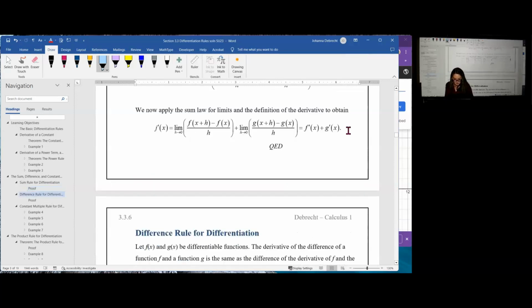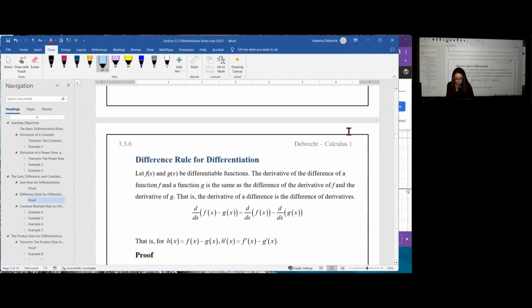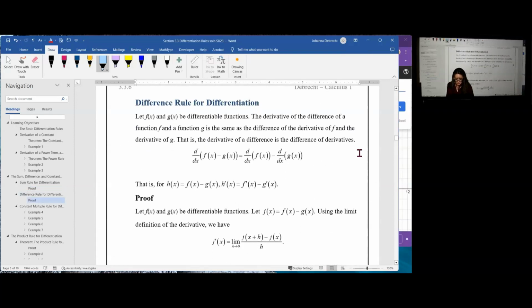We have a very similar rule when we get to the difference rule for differentiation. The only difference, unintended, is that the function is defined to be f of x minus g of x. So again, to prove that this becomes the derivative of f minus the derivative of g, we let j of x be the difference this time, f of x minus g of x.